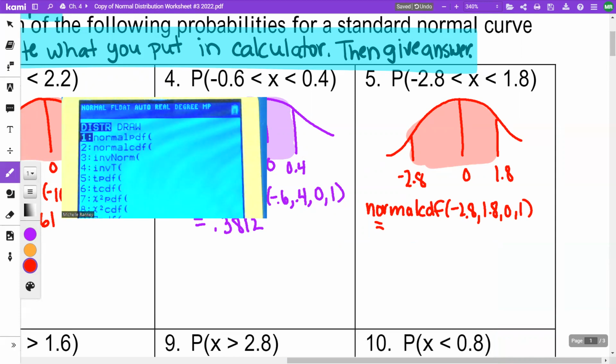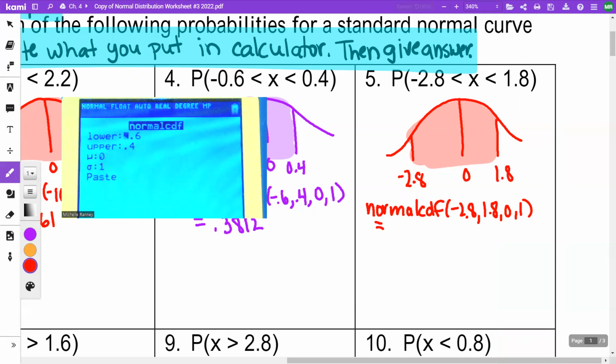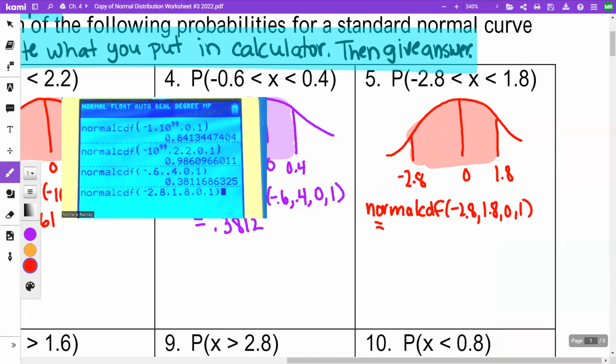And let's see. So negative 2.8 to a positive 1.8. And I get a 0.9615 for that answer.